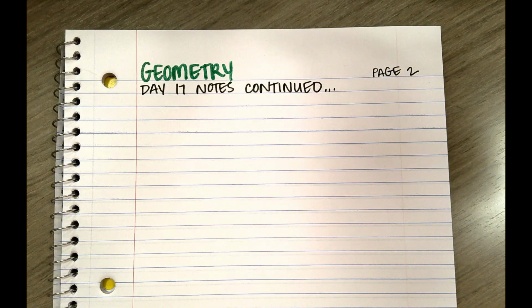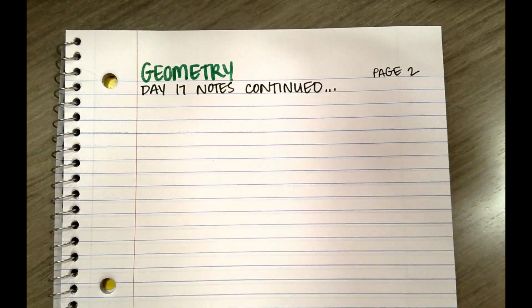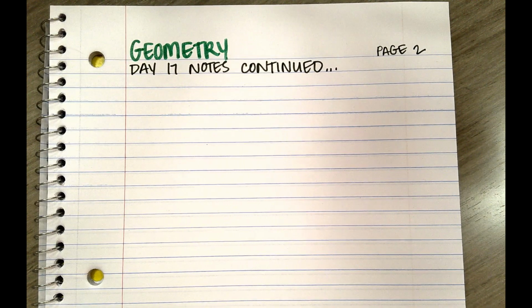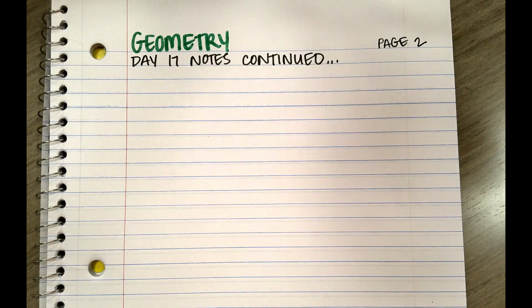Okay, so we have just talked about how we can classify different quadrilaterals, different shapes that have 4 sides and 4 angles. Now we're going to switch gears and talk in a more general sense about shapes, not specifically 4 sides and 4 angles.